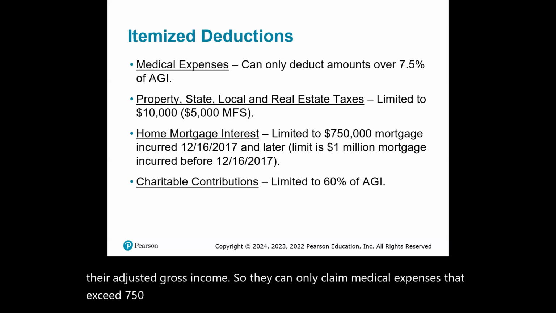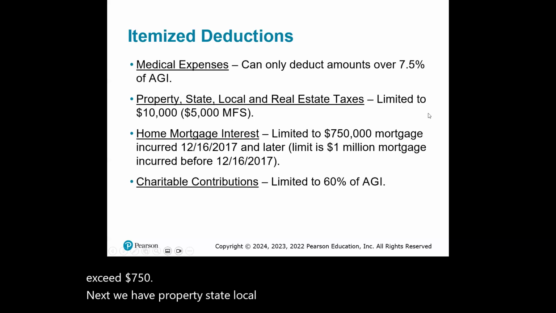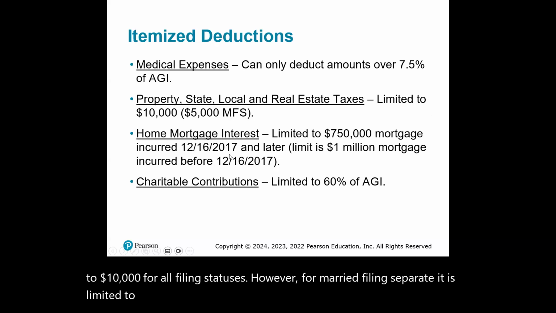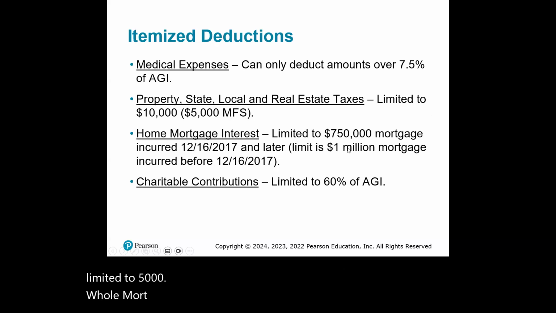$750. Next, we have property, state, local, and real estate taxes. These are limited to $10,000 for all filing statuses. However, for married filing separate, it is limited to $5,000. Home mortgage interest is limited to $750,000 of mortgage incurred December 16, 2017 and later.